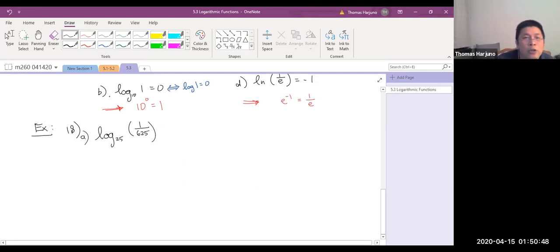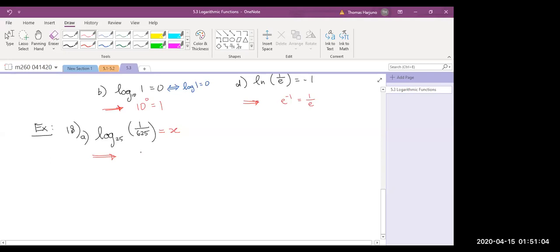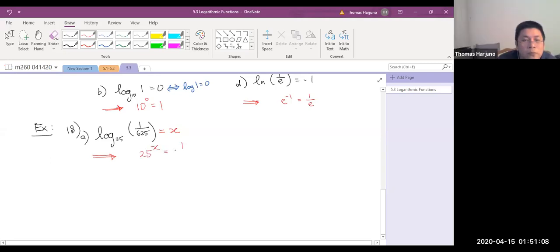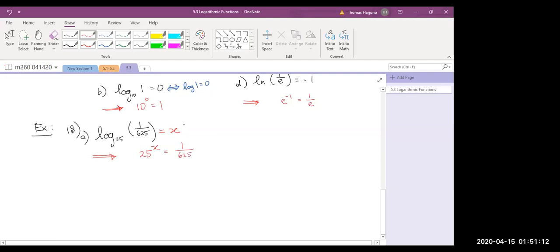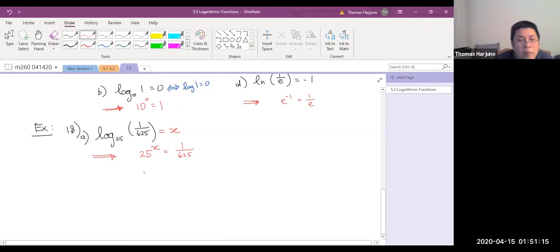The trick is you call this x first. Let's say log base 25 of 1 over 625 is x. Now change this into exponential form: 25 to the x equals 1 over 625. Now 25 and 625 have common base 5.